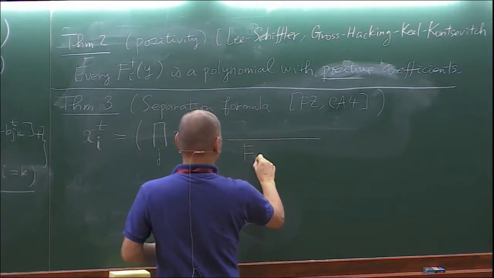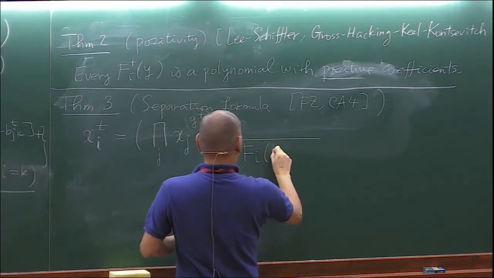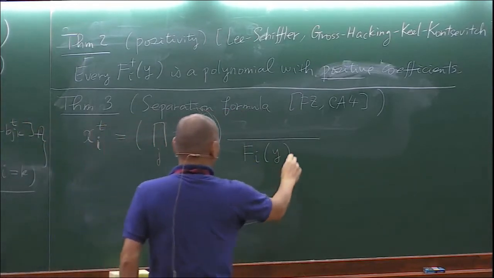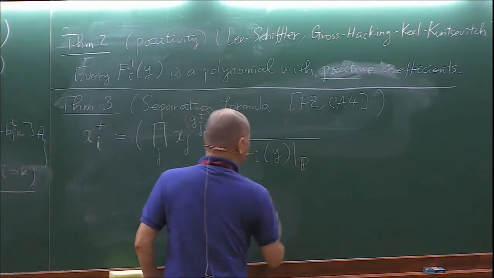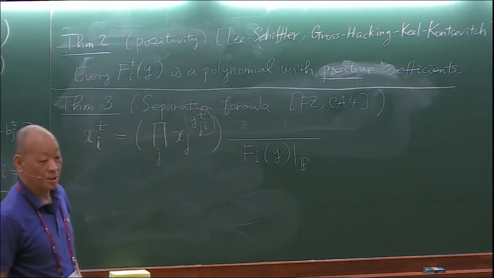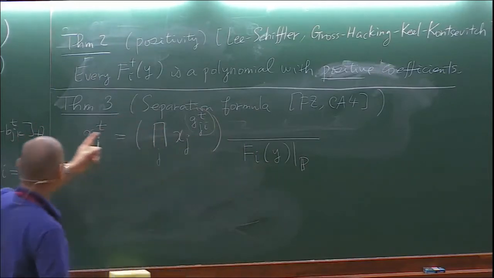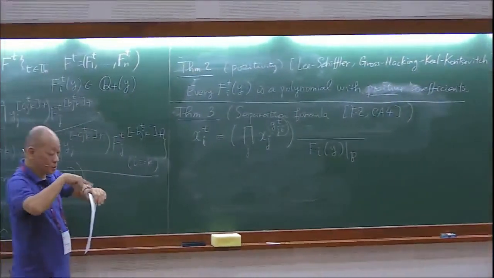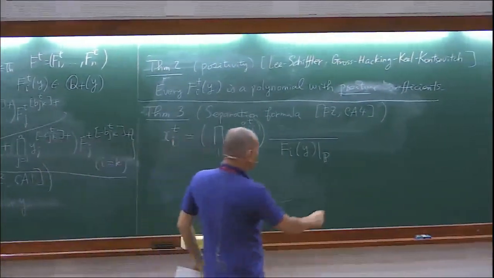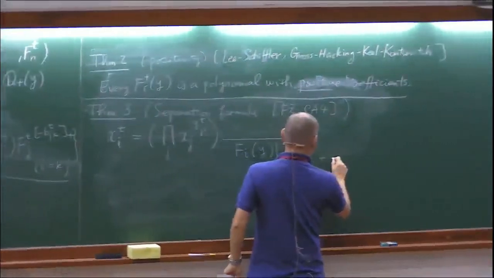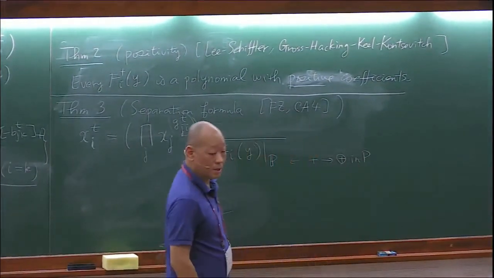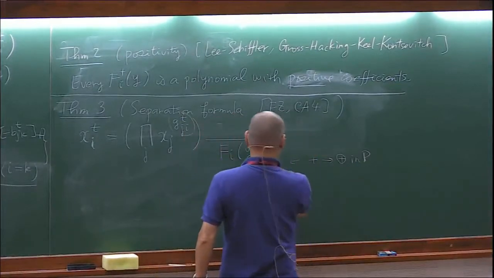We use the F polynomial. The F polynomial itself is just a rational function, but you evaluate it at any semifield by replacing this positive expression, replacing t with p in P, then you have an element in P.